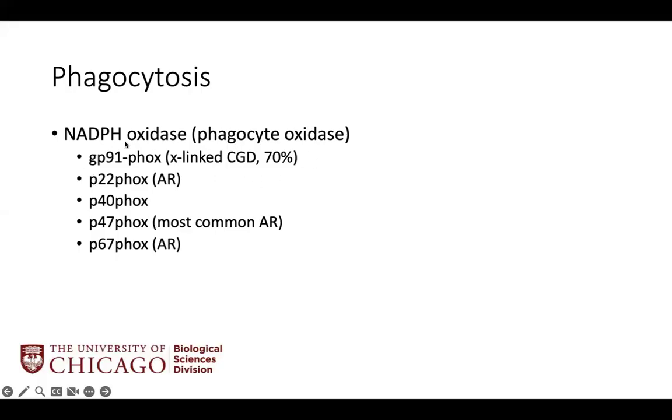Most chronic granulomatous disease is X-linked, and it's because of this GP91phox mutation. Three of these, however, have been identified in autosomal recessive forms of chronic granulomatous disease, the most common being P47phox, but it has also been identified in P67 and P22.